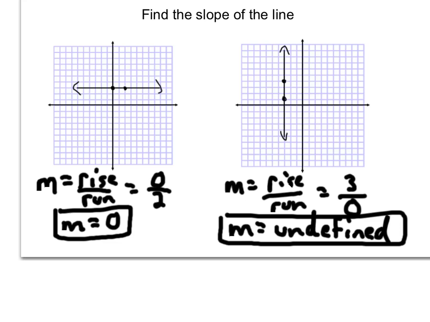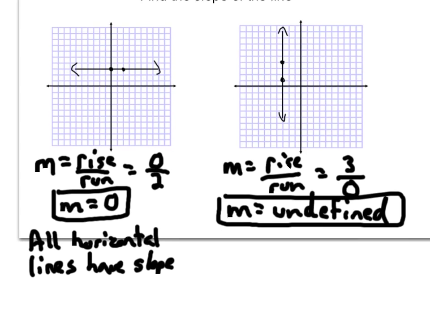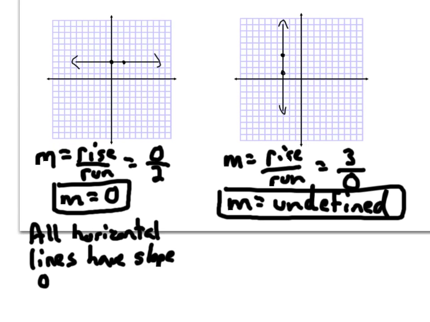So again, when 0 is on the top, that's a horizontal line. Okay? And all horizontal lines have a slope of 0.